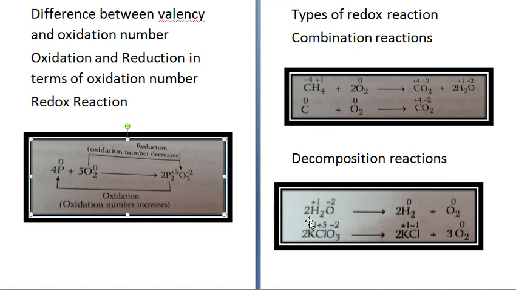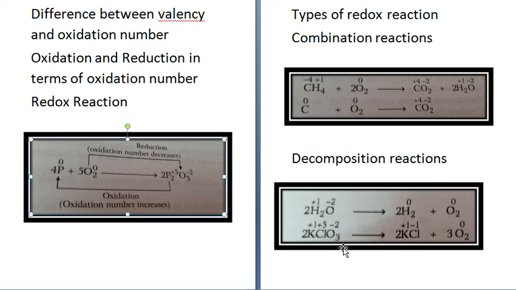Alright, next is decomposition reactions. These reactions are opposite to combination reactions. Decomposition means breakdown. So a bigger compound breaks down into two or more components, with at least one of which must be in elemental state.